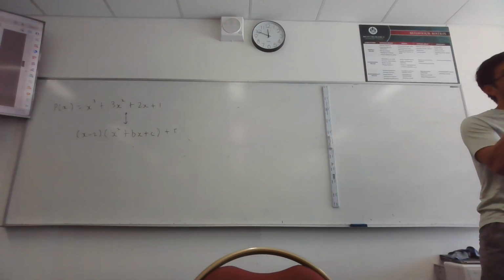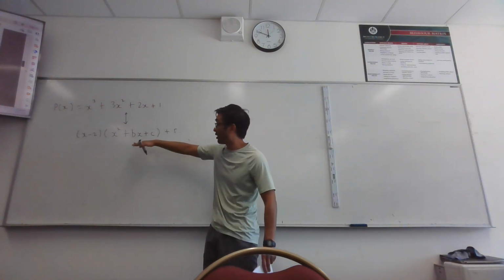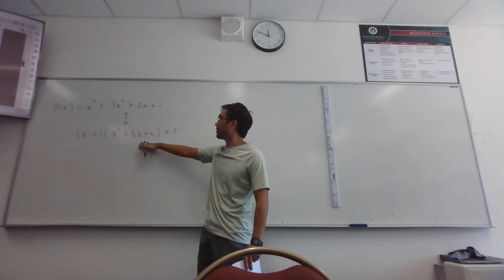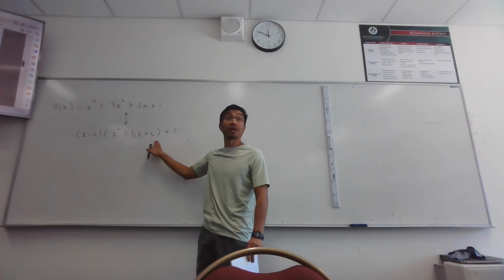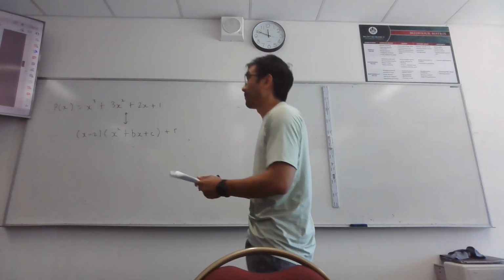Two equations, but they're the same. You're starting off with this, and the question's saying it can be written like this. We need to find our b's, c's, and r's that are all unknown values. So a lot of the questions that you are doing are finding unknown values.